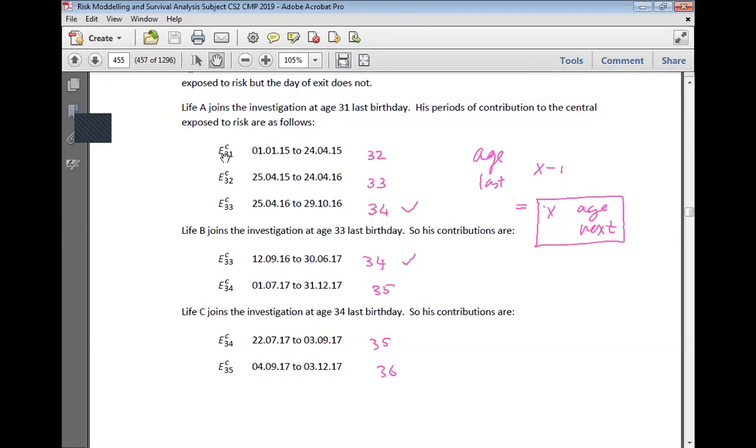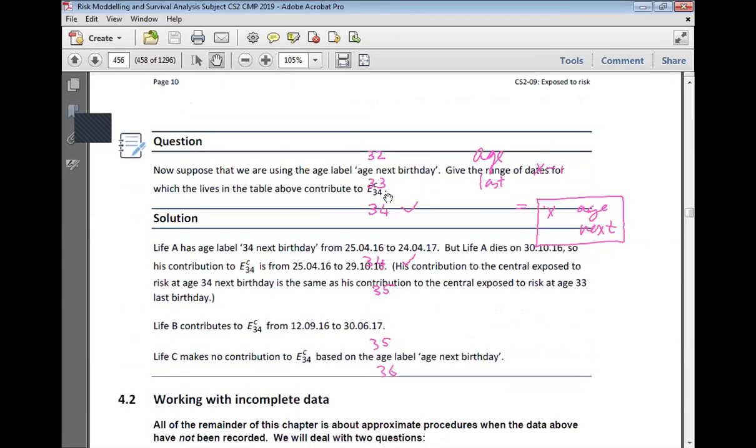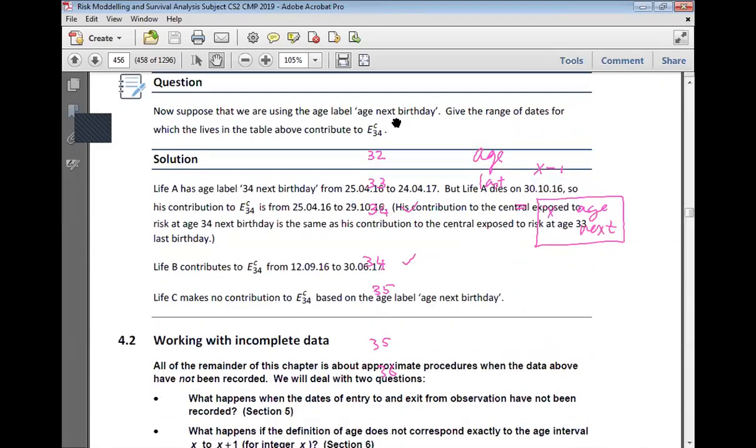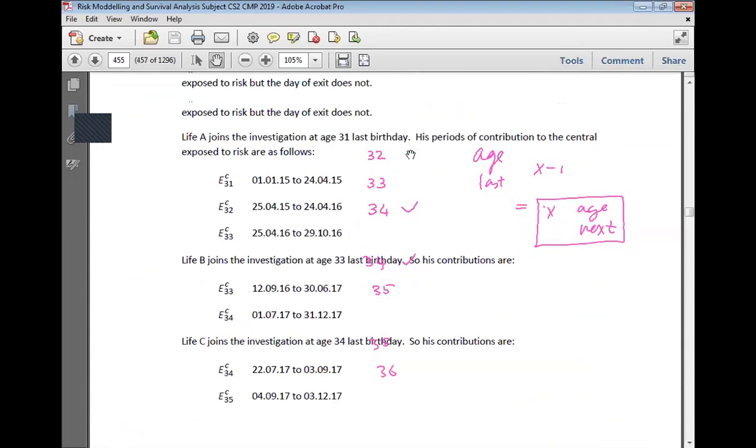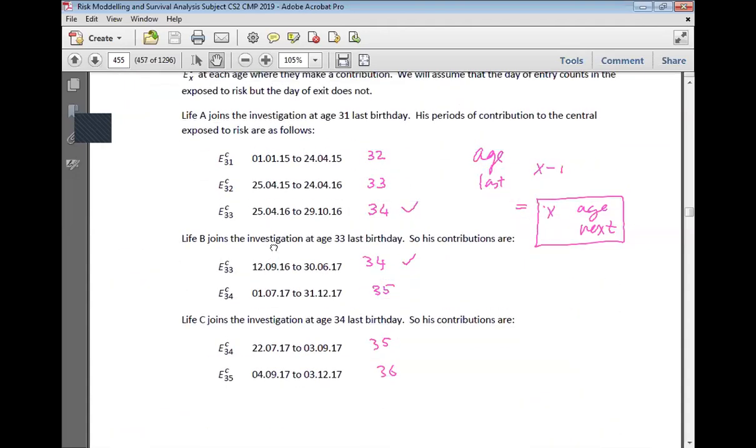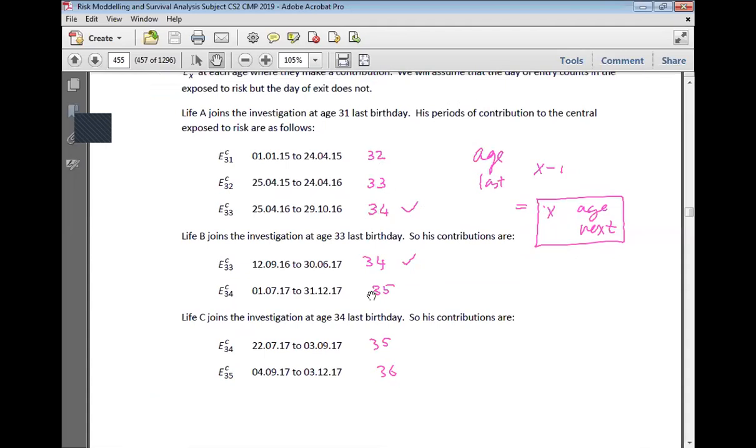Which is why, if I said here that I'm 31 years old using the age last definition, I just have to add 1 here, and this will be my age according to the age next definition. And that is what we do for all of the times that we have observed here. Because again, the question asks us to figure out the contribution to EC34, we only care about these lives when they age 34.